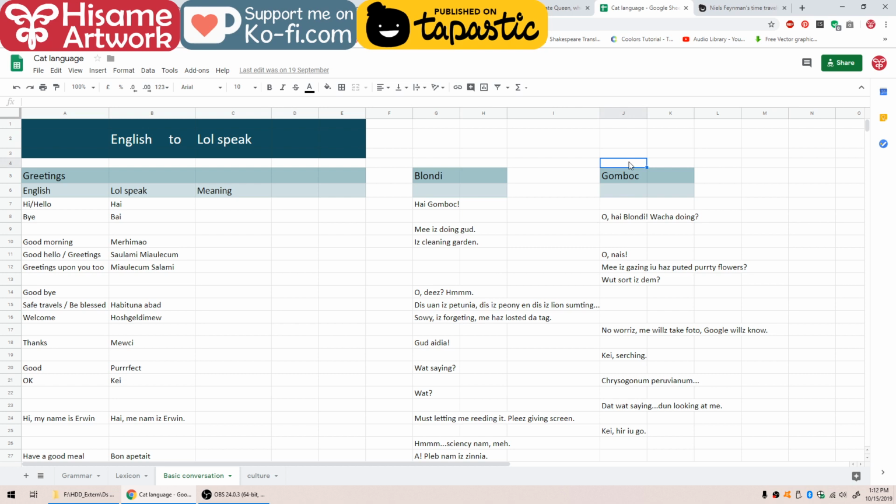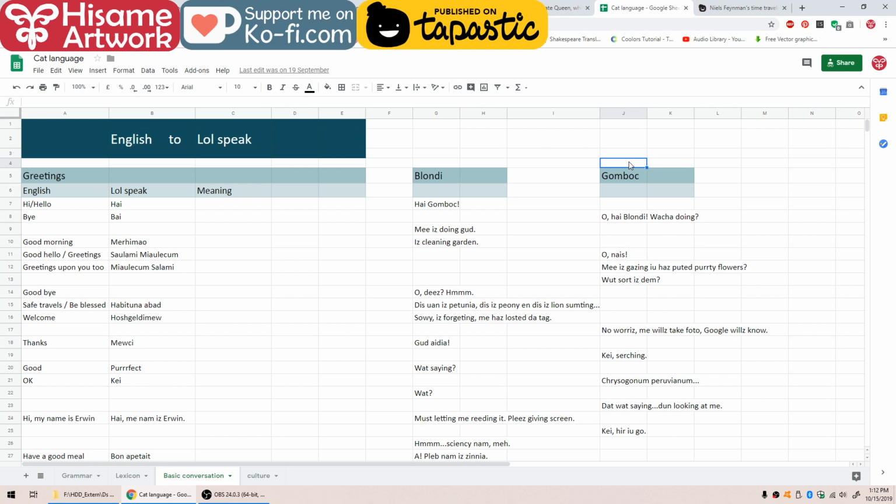Hi Gombok. Oh, hi Blondie. What you doing? Me is doing good. Is cleaning garden. Oh, nice. Me is gazing. You has putted pretty flowers. What sort is them? Oh, these? This one is petunia, this is peony, and this is line something.